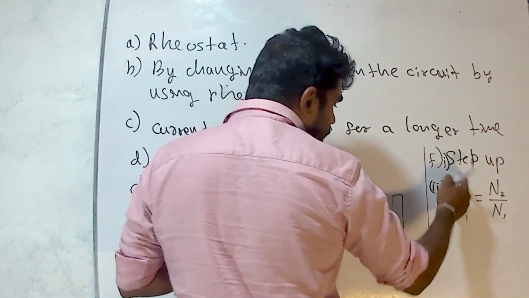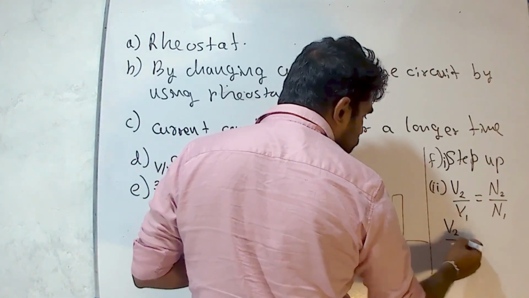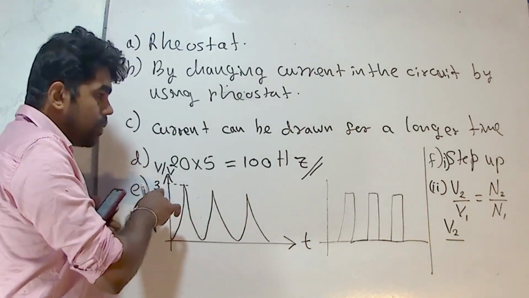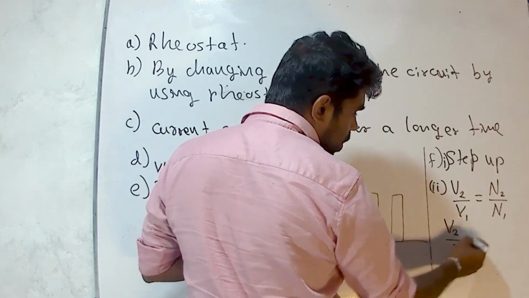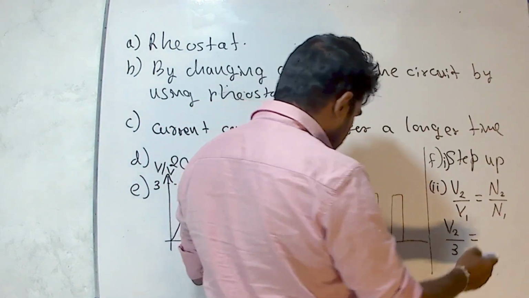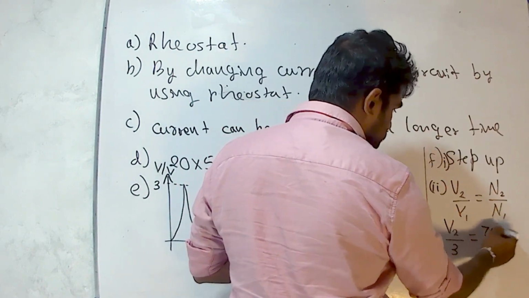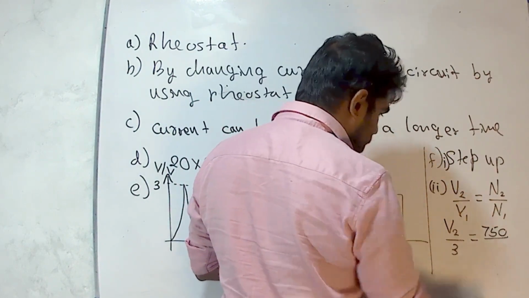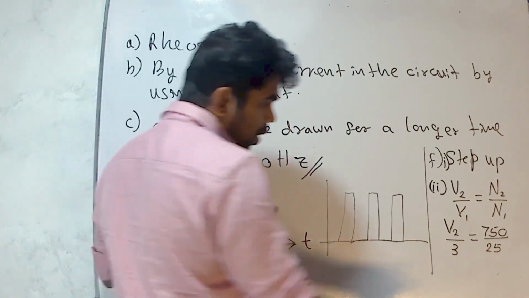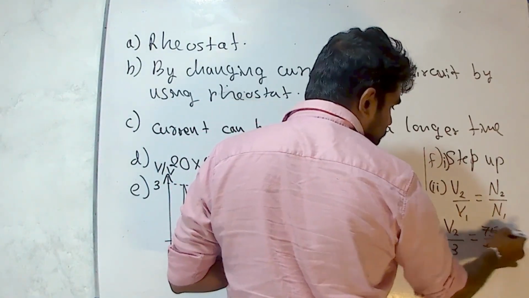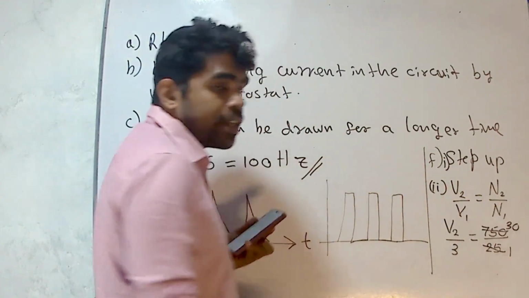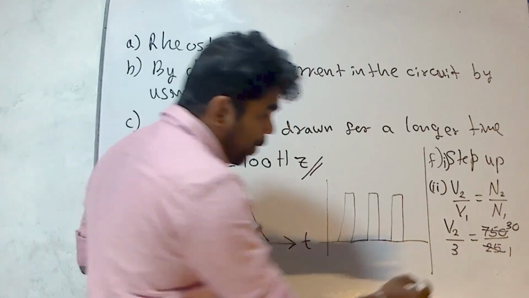Then the voltage in the secondary coil, V2, is the unknown. The V1 value is 3 volts. So V2 over 3 equals the number of turns in the secondary coil, 750, divided by the primary coil, 25. Now 750 divided by 25 is 30. 30 times 3 is 90 volts. V2 is 90 volts.